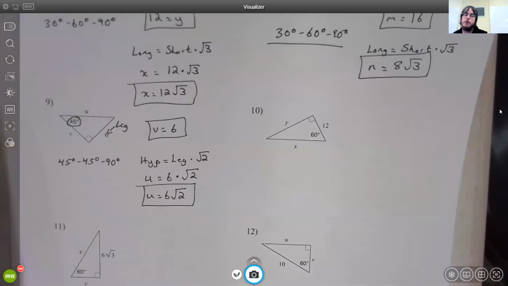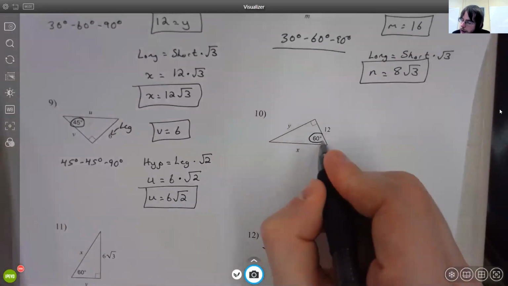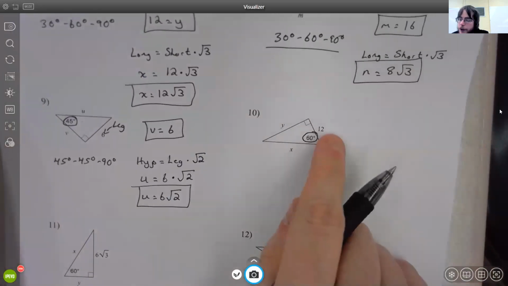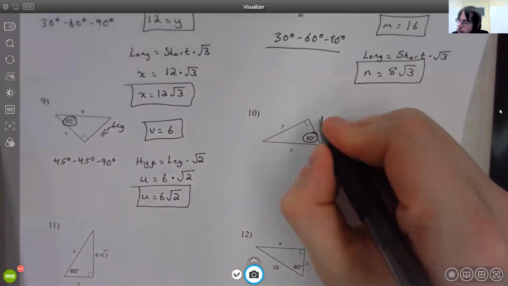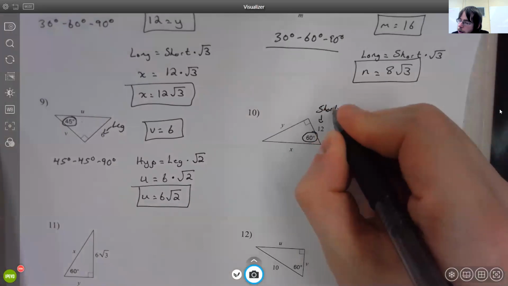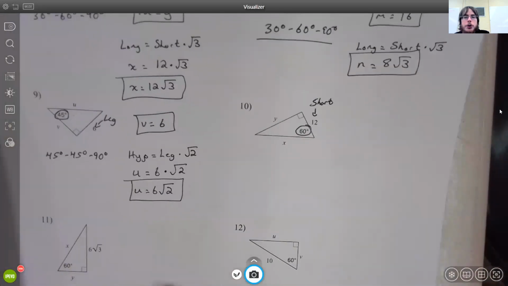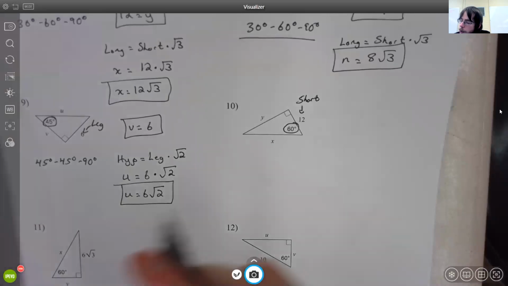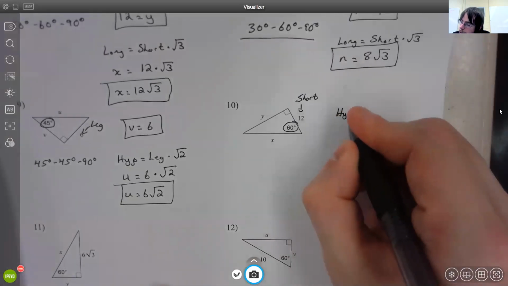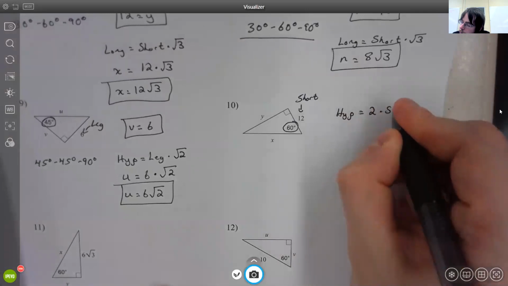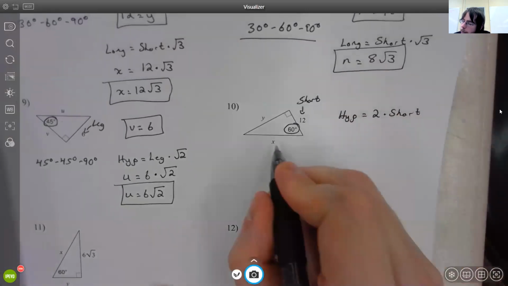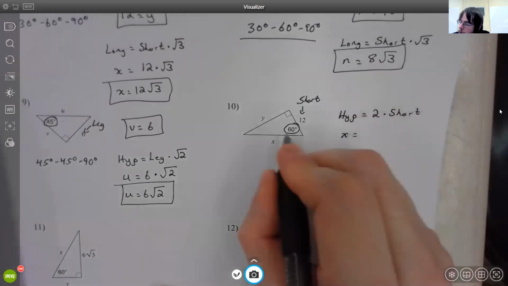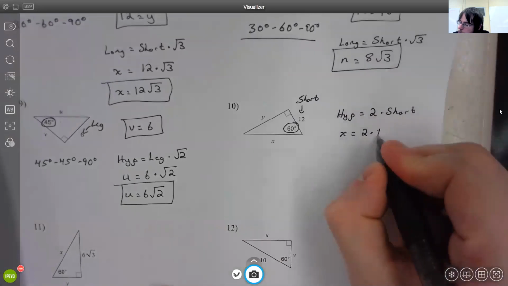Number 10, we're dealing with a 30, 60, 90 triangle, and we're given the short leg here. Our short leg is 12. So we can use our two formulas to find the hypotenuse and the long leg. Our hypotenuse is twice the length of the short leg. So our hypotenuse is x, which equals 2 times our short leg of 12.